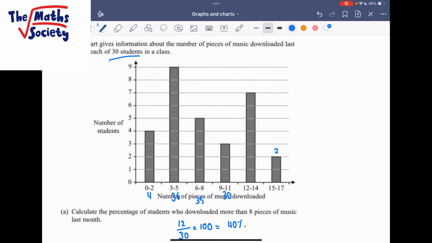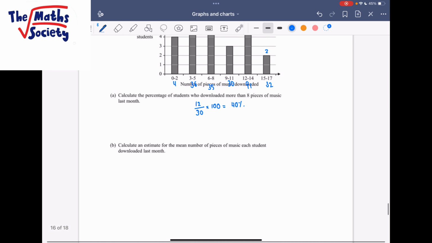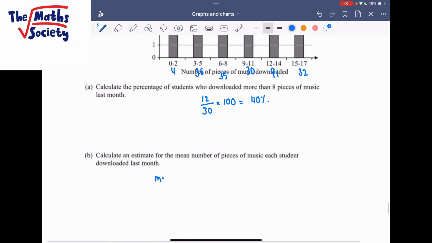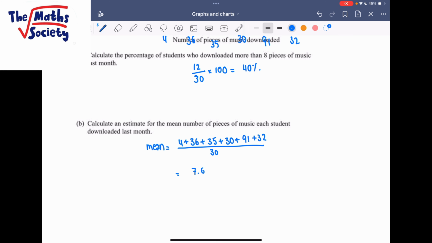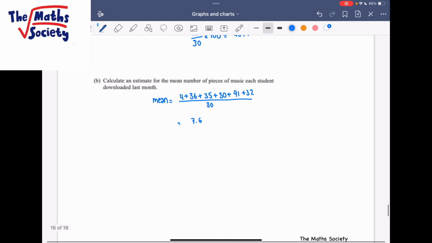And you have total 14, so that's 13 multiply 7, 91. And you get 32 for this. That's 16 multiply 2. So estimate mean, that should be just 4 plus 36 plus 35 plus 30 plus 91 plus 32 divided by 30 students, which is going to give you an answer of 7.6, and that should be your mean.